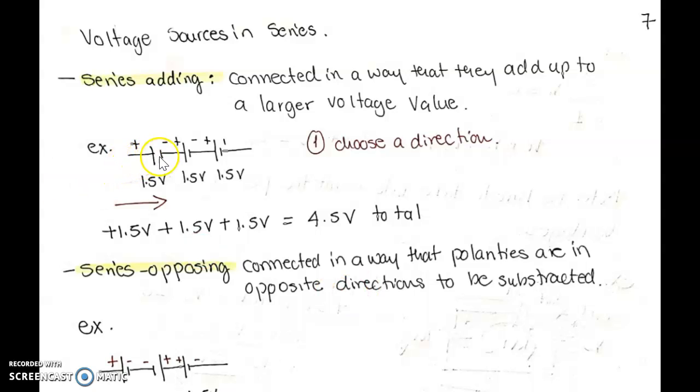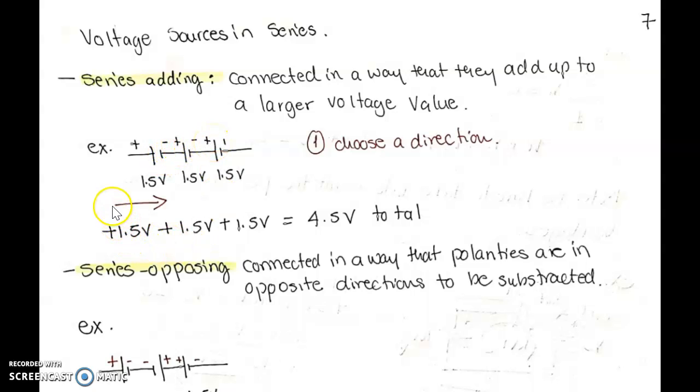So this is the example. We have 3 different batteries, and the first step is to identify which terminal is the positive and which terminal is the negative with respect to each battery. We know that the longer terminal is the positive, the shorter one is the negative, so we do that first.